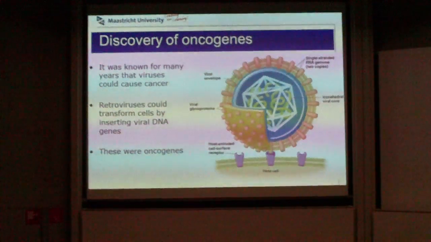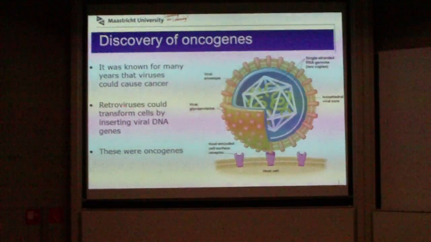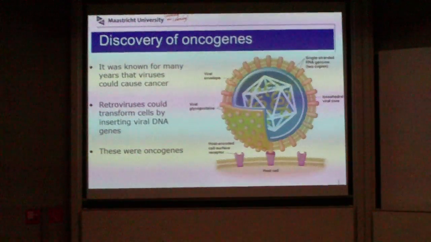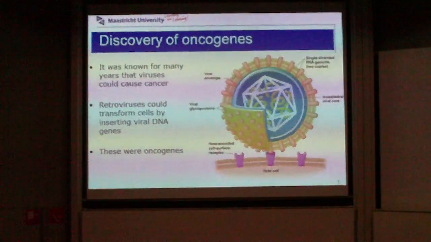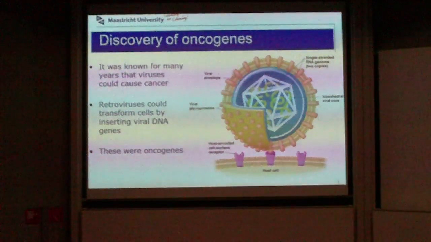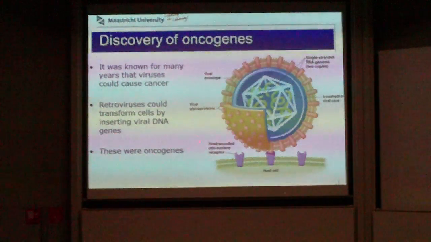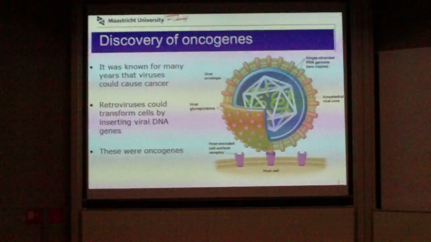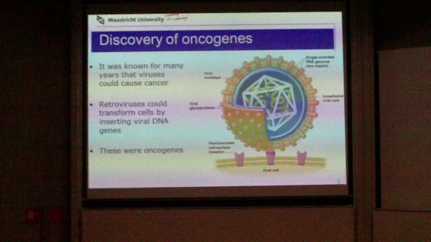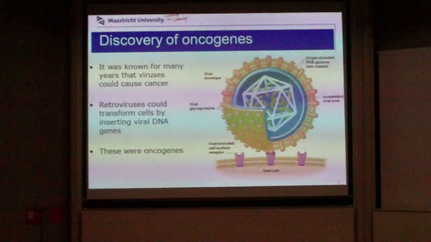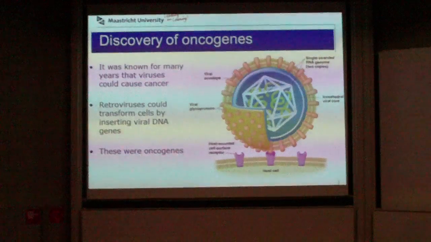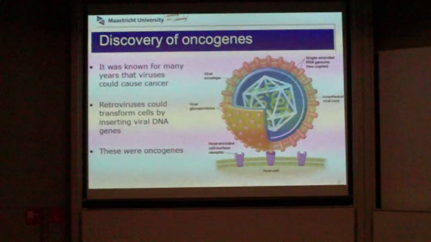It has been known that viruses can cause cancer, and certain viruses transform cells by inserting a piece of viral DNA into the cell, and these are indicated as oncogenes. So it's a bit of genetic information that can stimulate cell growth that comes from outside of the normal human cell and transforms a normal cell into a cancer cell.